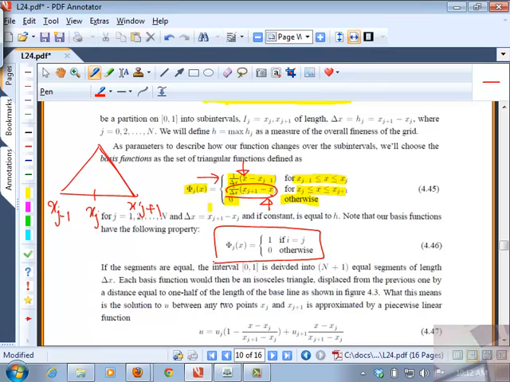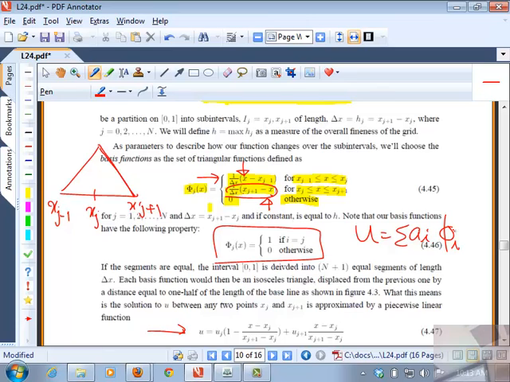And the beauty is, how do I construct my solution? Remember, I want to construct the solution u in terms of some unknowns multiplied by basis functions. We have seen previously these basis functions coming from 1, x, x squared, or sine x, sine 2x, sine 3x, etc. But now we have a new basis function which is defined locally.